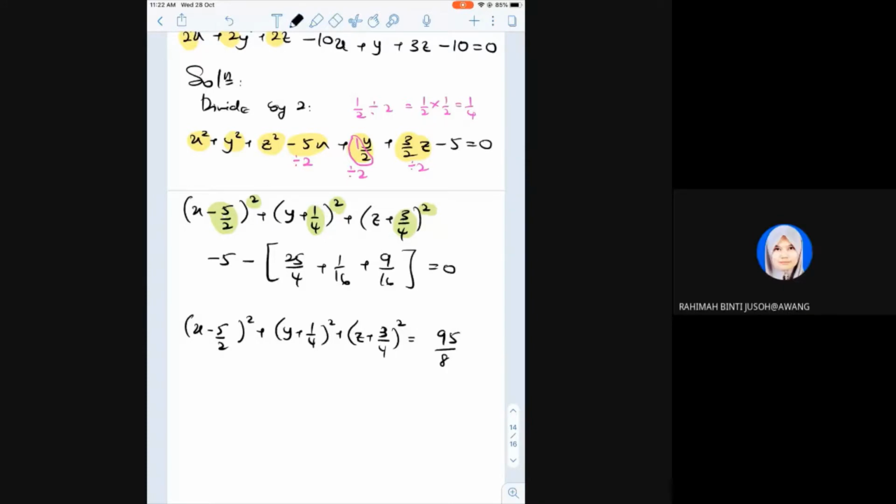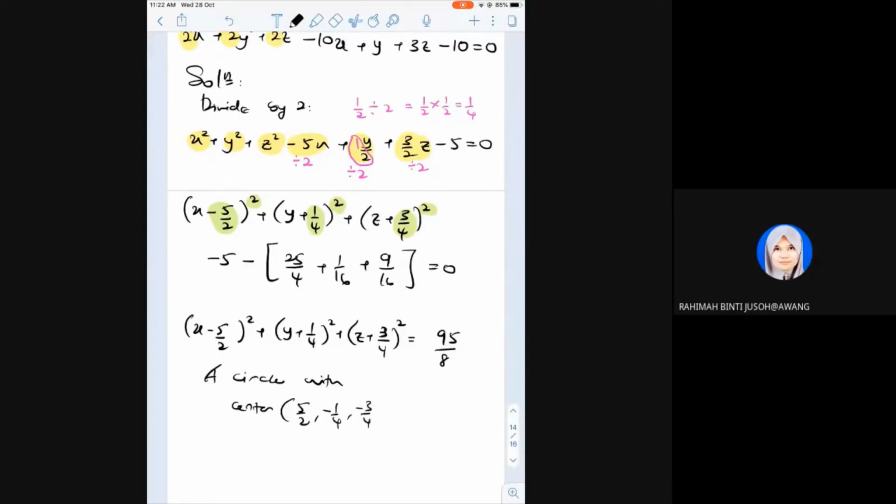Dapat guys? Yes. Okay. So now can you give me the center? What's the center? 5/2, negative 1/4, and negative 3/4. Okay, well done.